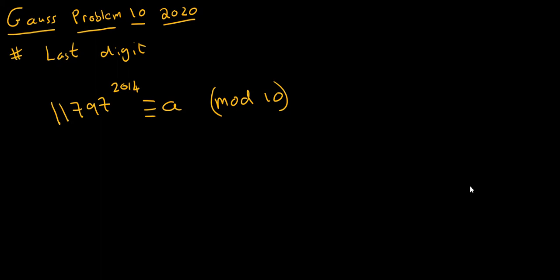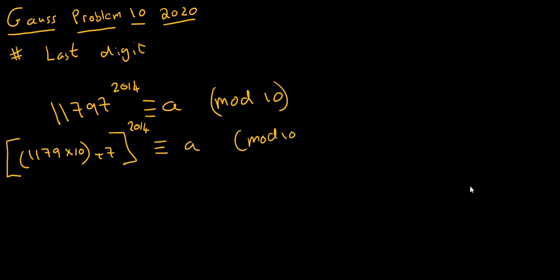So let's do that then. Let's convert this number to mod 10. So how many 10s go into this number? We've got 1179 multiplied by 10, and then we need to add on 7. And it's all to the power of 2014, congruent to a, mod 10.